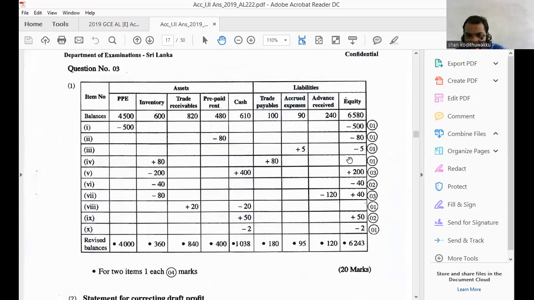As electricity is an expense, it will reduce equity by another 5,000. Both are under the liability side, plus 5 minus 5, therefore no effect. Then we'll come to adjustment number 4.